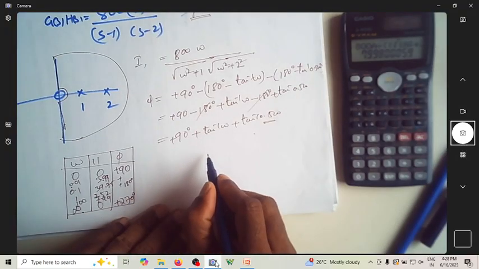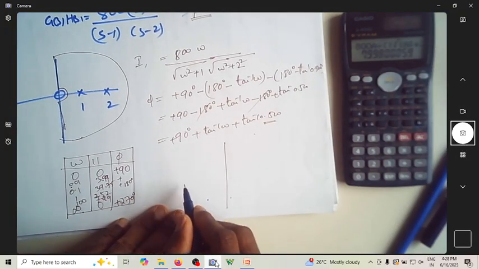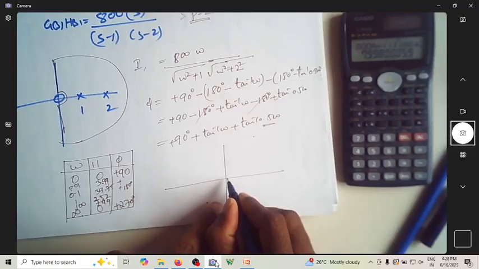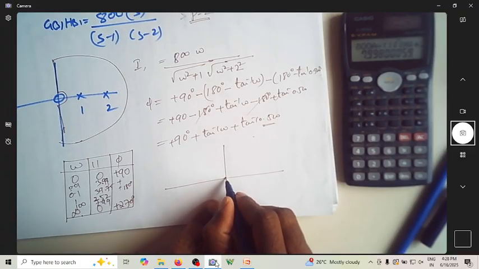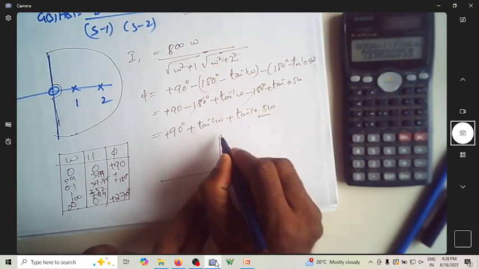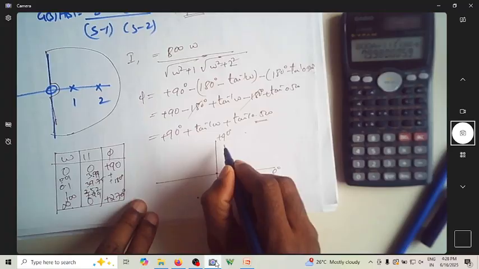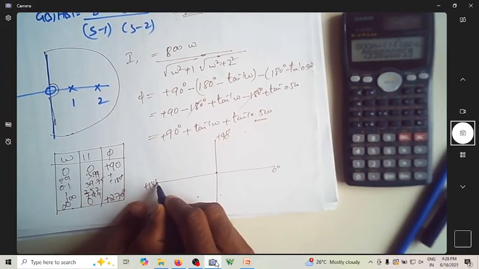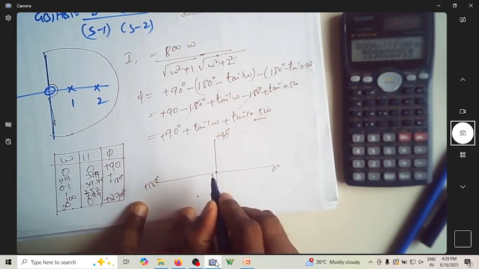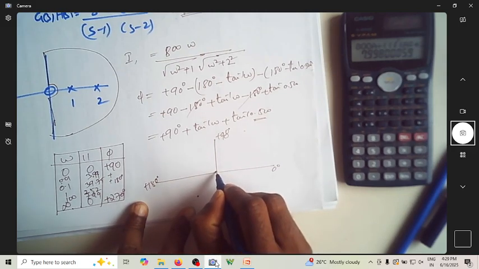So now how does the plot go? This is 0 degrees, plus 90 degrees, plus 180 degrees, plus 270 degrees. It actually goes like this.